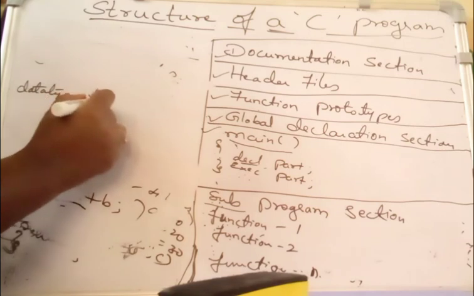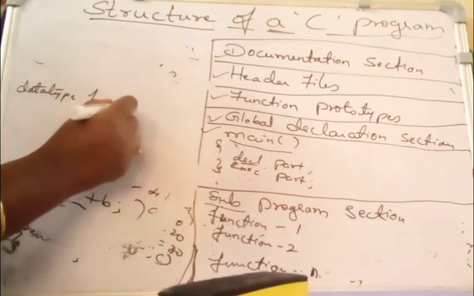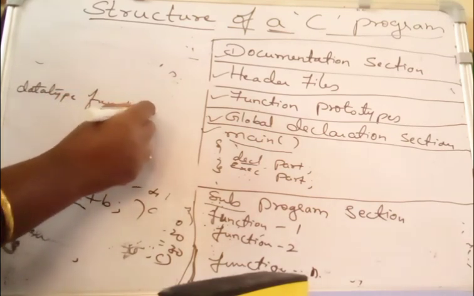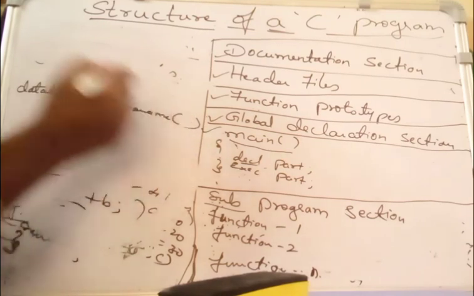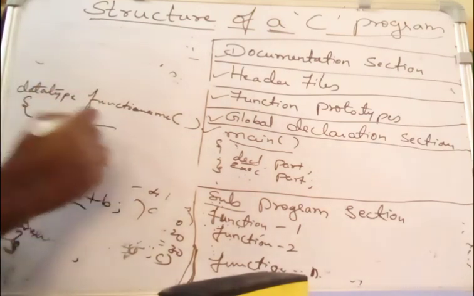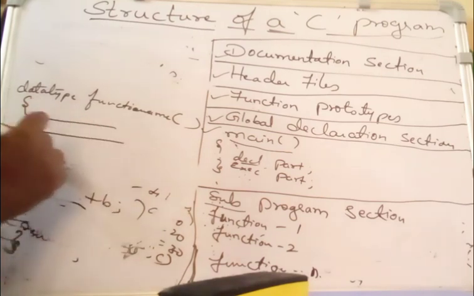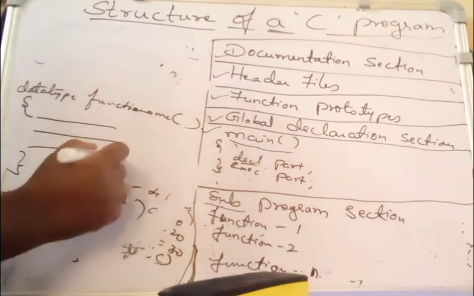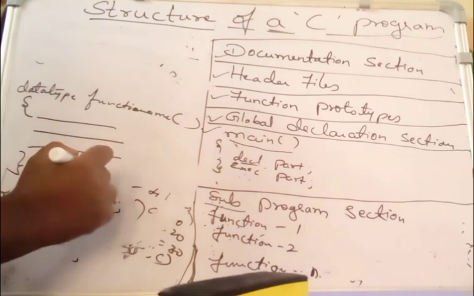Then you should include the function name, then the arguments you're passing, followed by open bracket and close bracket. And every function is associated with declaration statements, executable statements and a return statement. So this is the logic we should always follow.